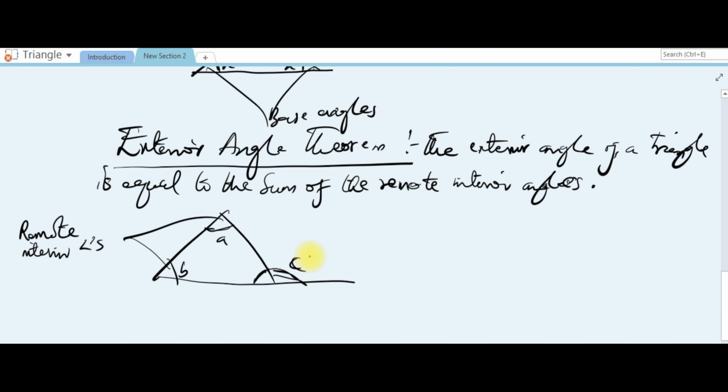So C must be equal to A plus B. That's what the theorem states.